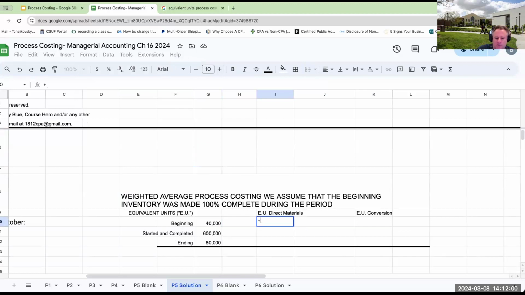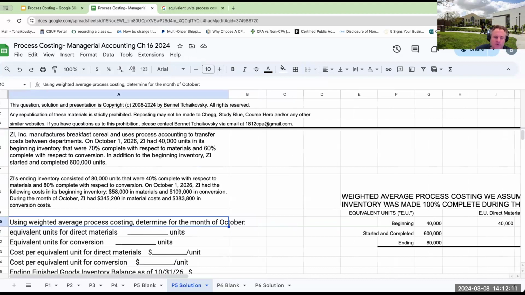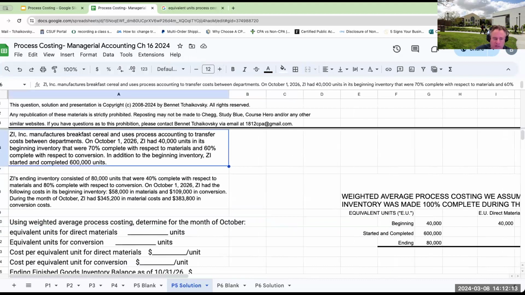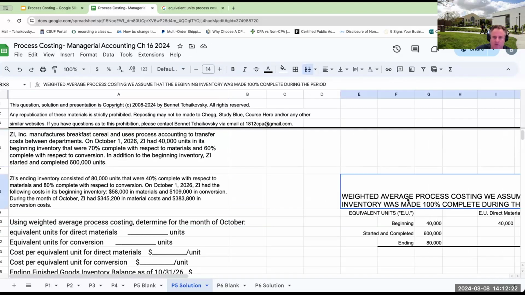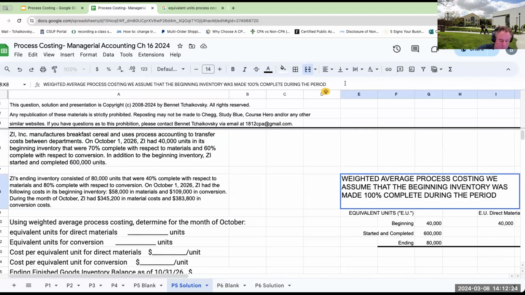So in terms of equivalent units, it's going to be 40,000 each, meaning that we worked on these 100% during the period. So when it comes to weighted average, if it says over here that it was only 70% complete with respect to materials and 60% complete with respect to conversion, we're just going to disregard this.